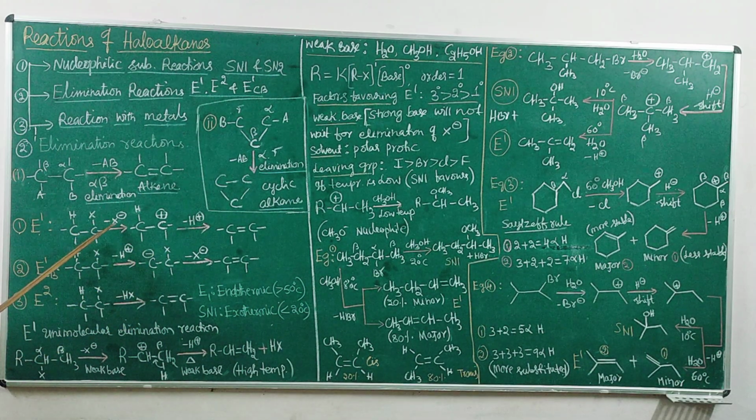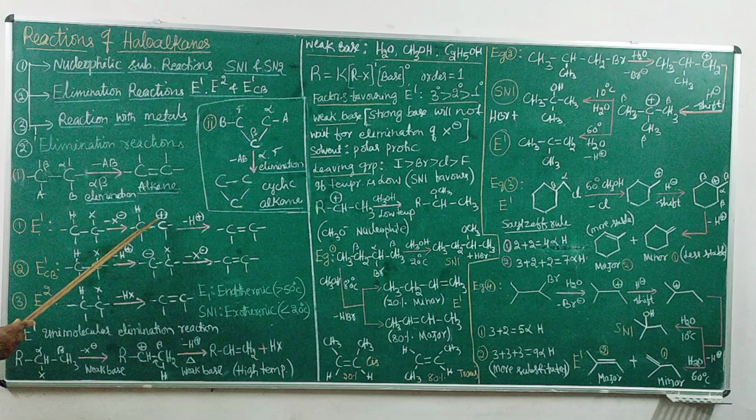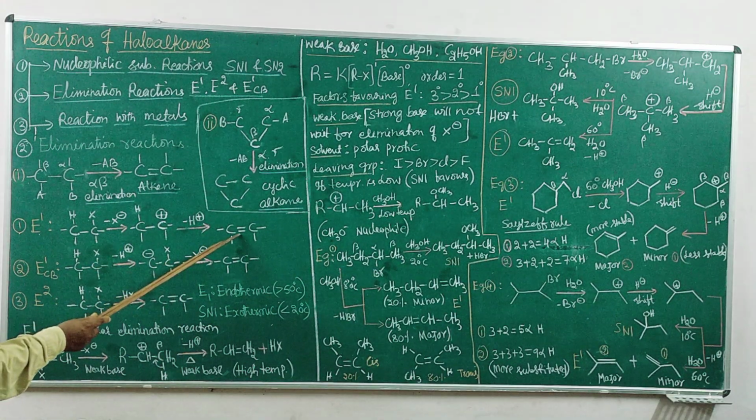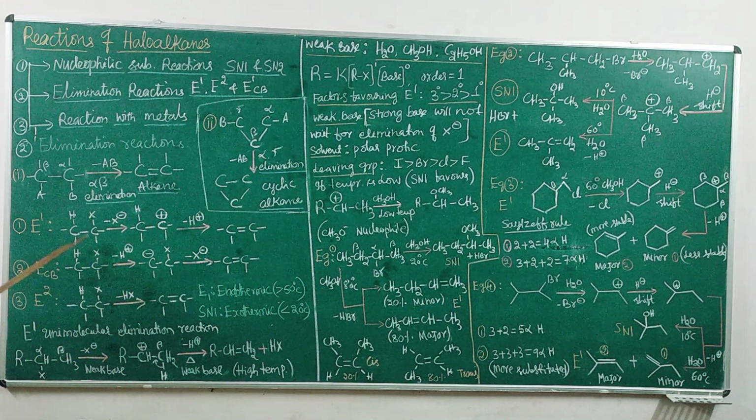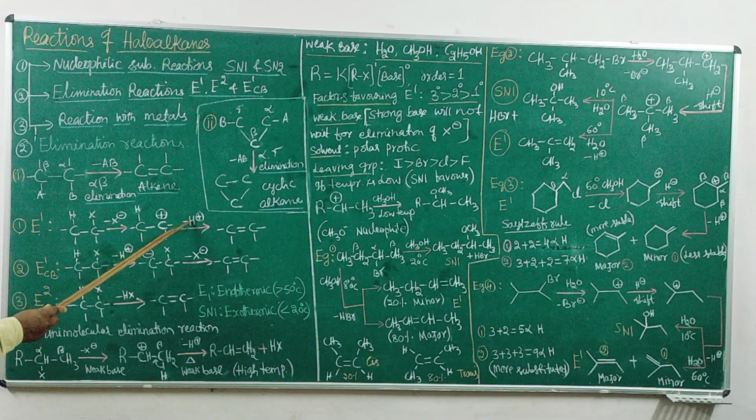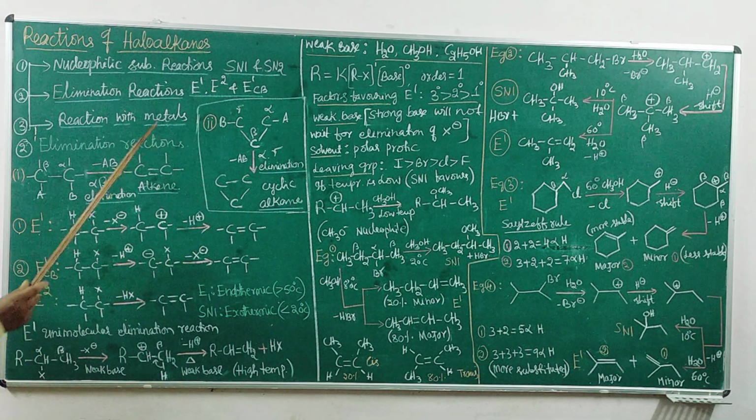First, X is removed as X minus, resulting in the formation of a carbocation. Then H is removed as H plus, nullifies this charge, and becomes a double bond.